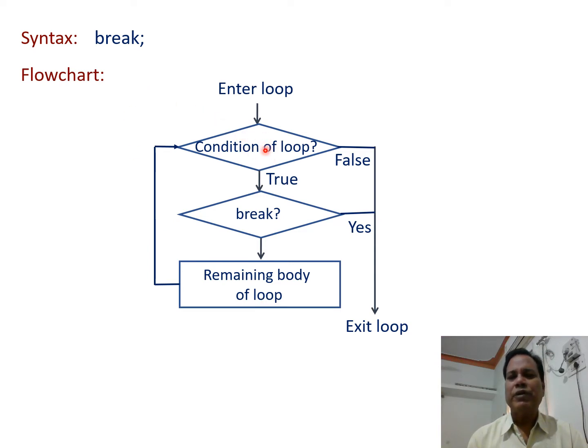If condition is found to be false, then loop is exited. So in this loop, once condition for the break is satisfied, or condition for the break is true, loop is exited. That is, we exit the loop and the statements following the loop, if any, are executed.